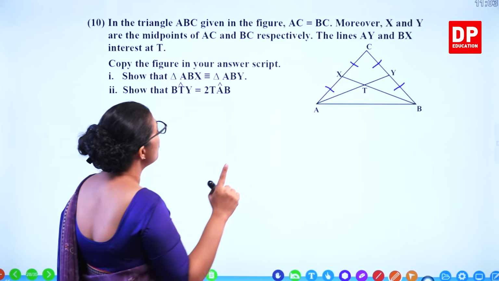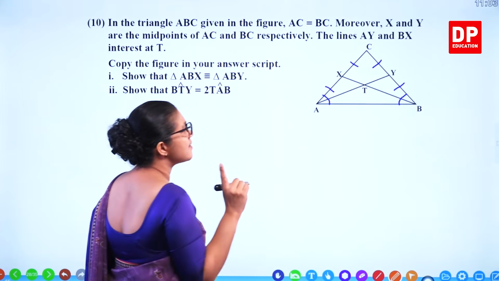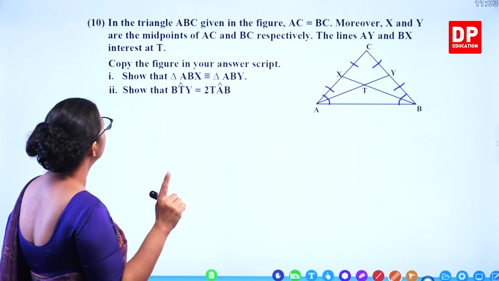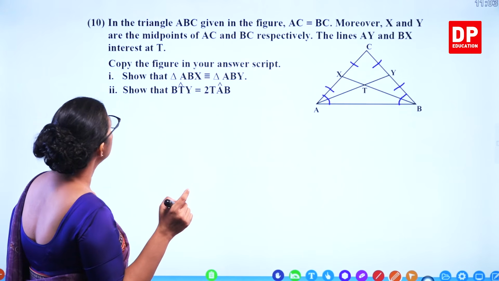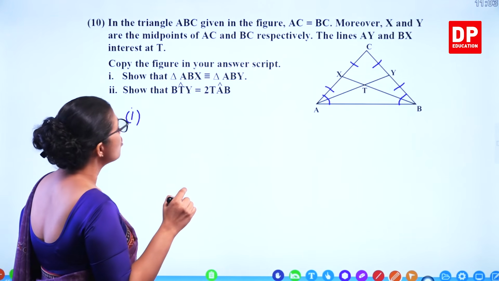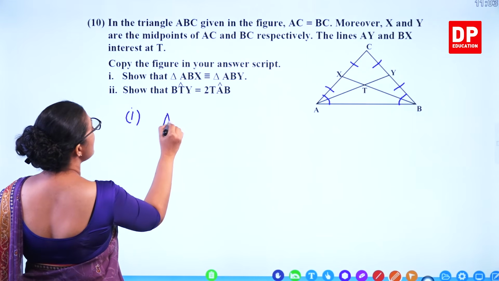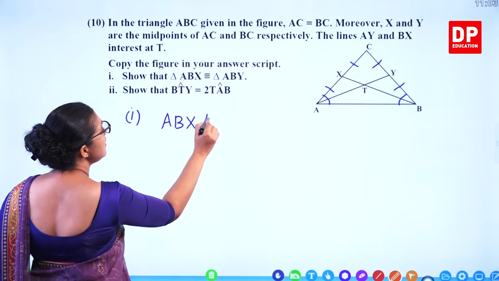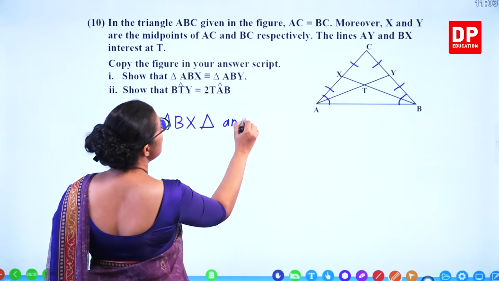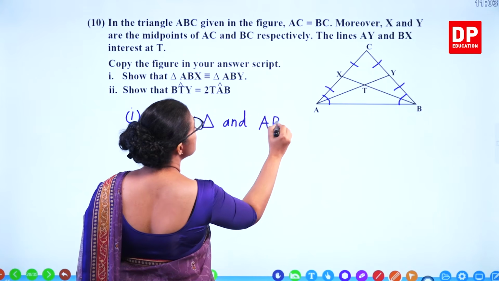And also we know this angle is equal to this angle because this is an isosceles triangle. Now you can answer the first part. Show that ABX triangle and ABY triangles are congruent.